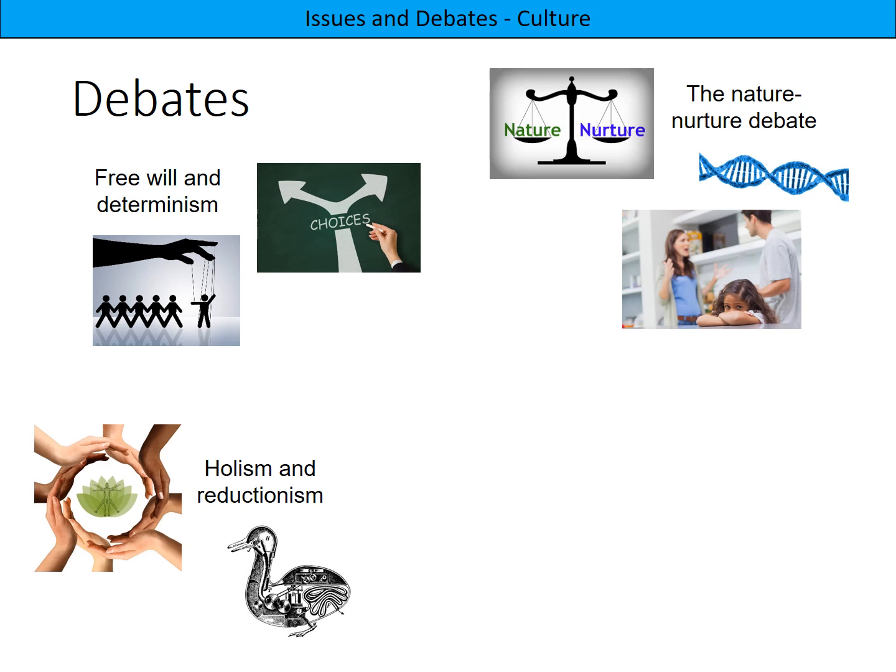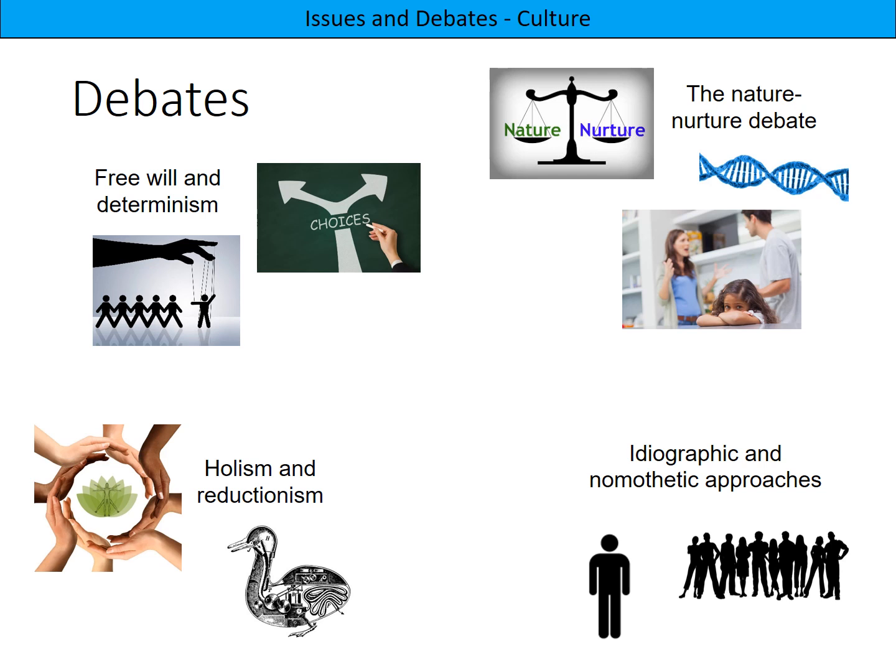Each component piece is separate, so it's reduced. Holism is more like looking at the sum of parts, which is greater than the whole. So you can see all the hands there working together. Holism is the idea that all those factors are important, but they work together, and in fact the whole is greater than the sum of the parts.